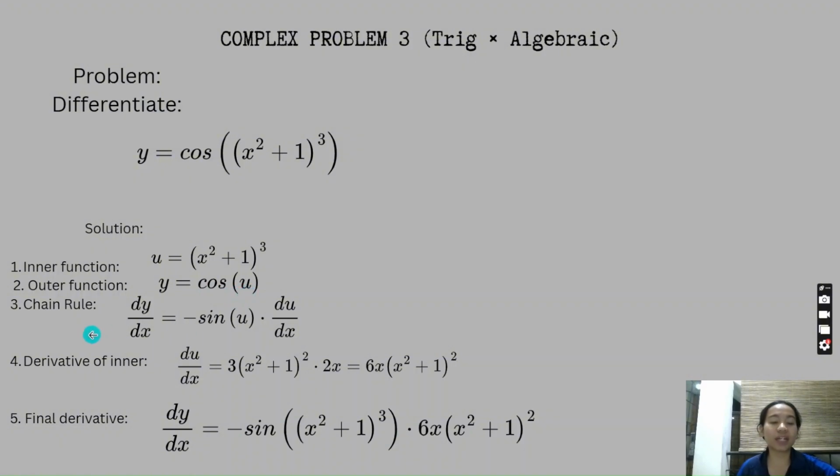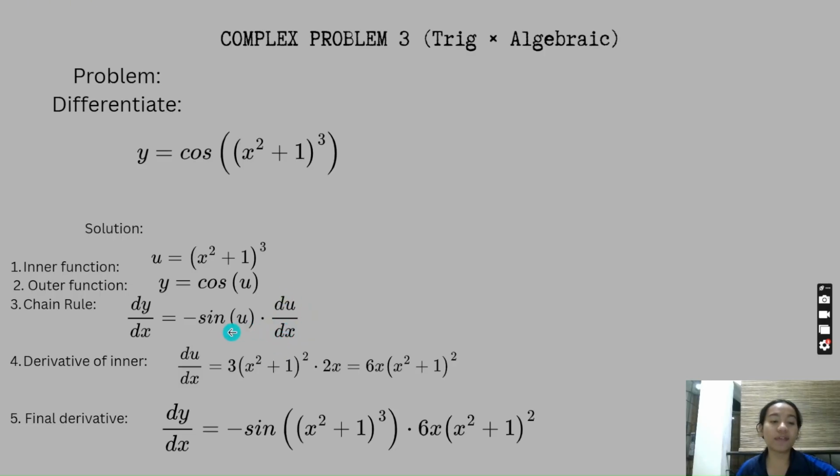So now applying the chain rule to get the derivative of the outer function, dy over dx equals negative sine u times du over dx. So we just highlighted the outer function here, and we will be tackling the derivative of the inner function, which is represented in this way.